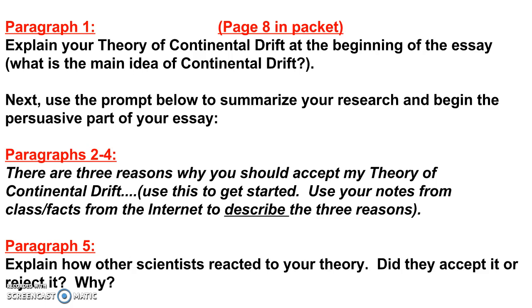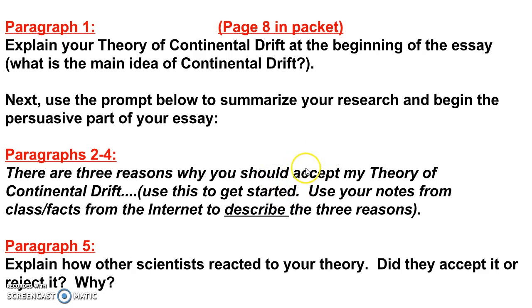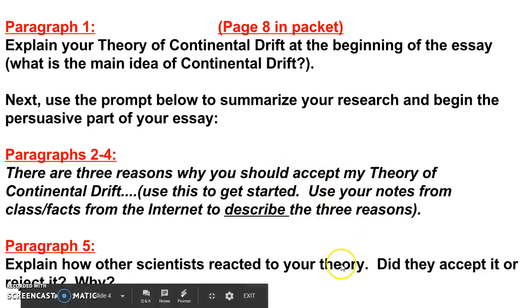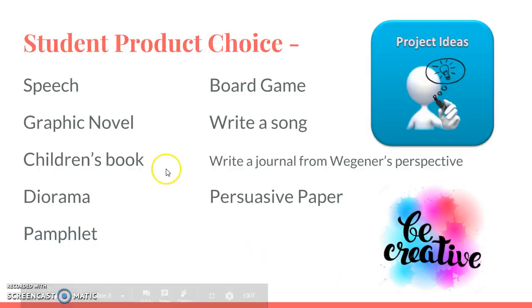Okay, so even if you choose not to do a paper, you could still show understanding of the general idea of continental drift, show understanding of the 3 pieces of evidence, and somehow incorporate why other scientists did not believe you. So some options is maybe you write a speech pretending to be Alfred Wegener, and what do you think he would say if he were to present his findings to other scientists.